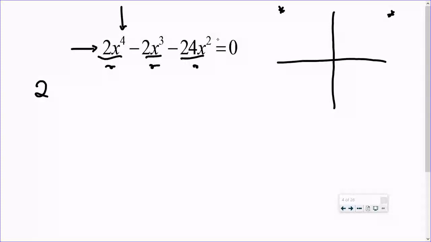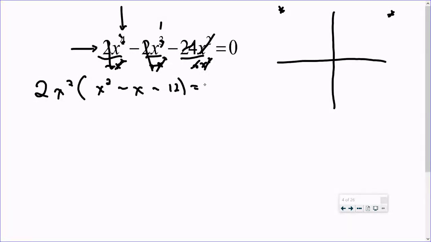But look, there's an x squared, x to the third. So I can take out an x squared out of each thing. That goes away. There's 2 to take away from here, so there's 2 left. That goes away. There's 2 to take away from here, so there's only 1 left. Those 2 all go away, and this makes negative 12.